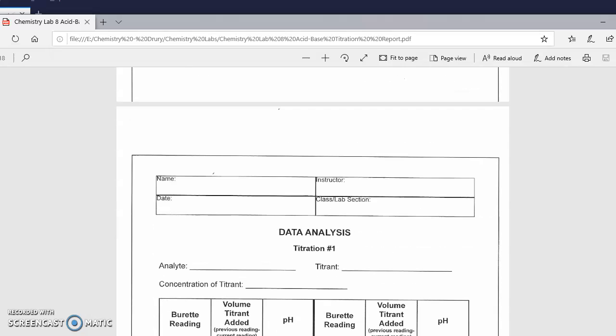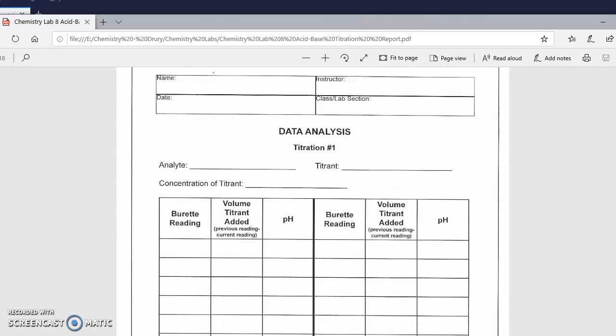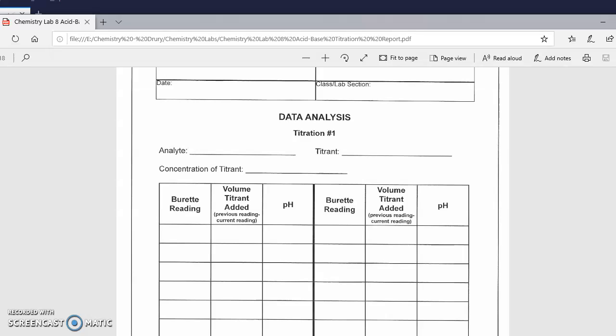But instead, what I want you to do is go down to page 13 here, your data analysis. In this one right here, the analyte is going to be 20.0 ml of 0.500 molar HCl. You can stop, pause, rewind, and do whatever you need in order to write that down.